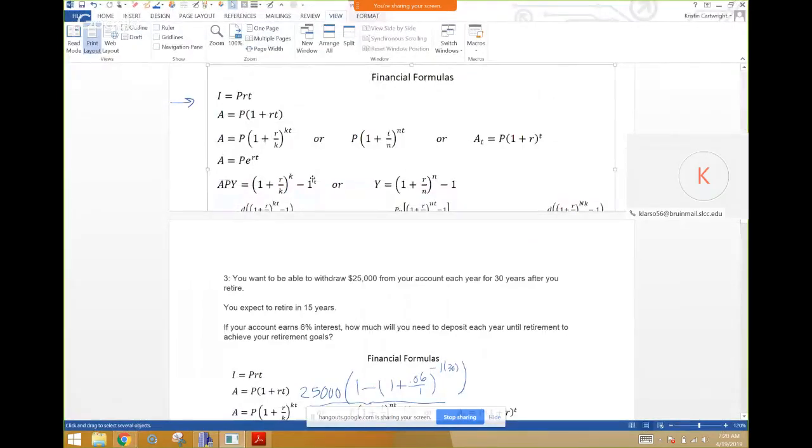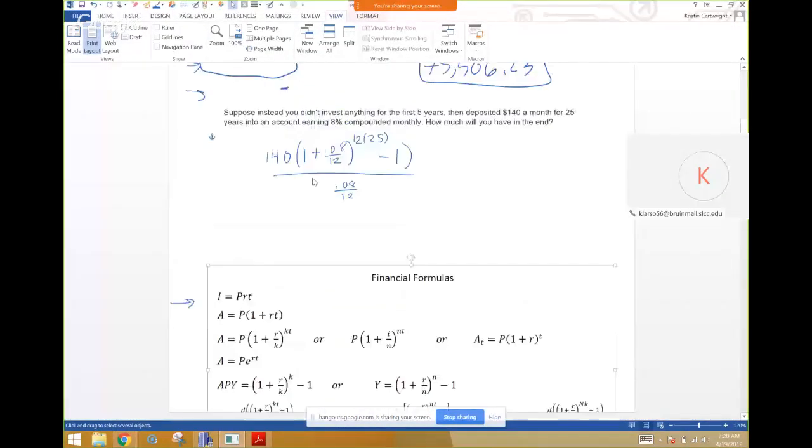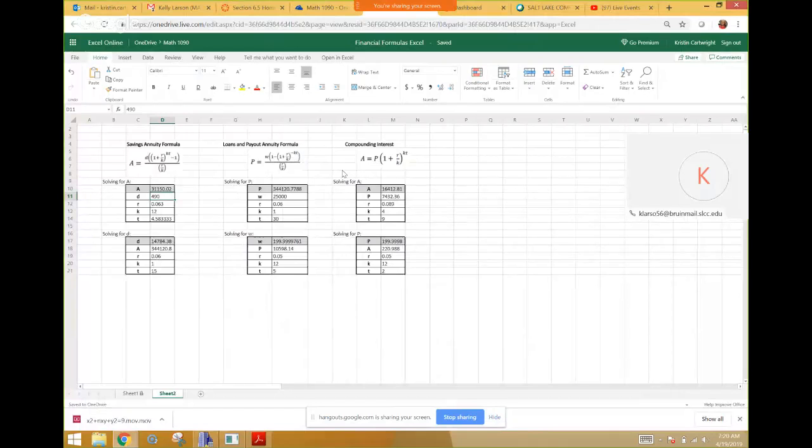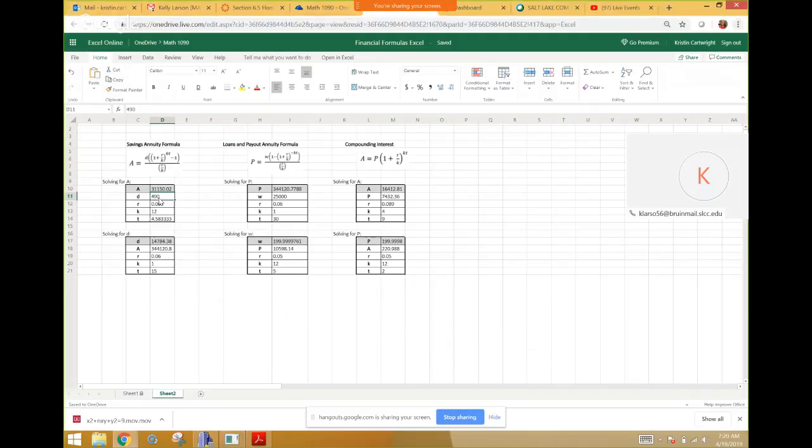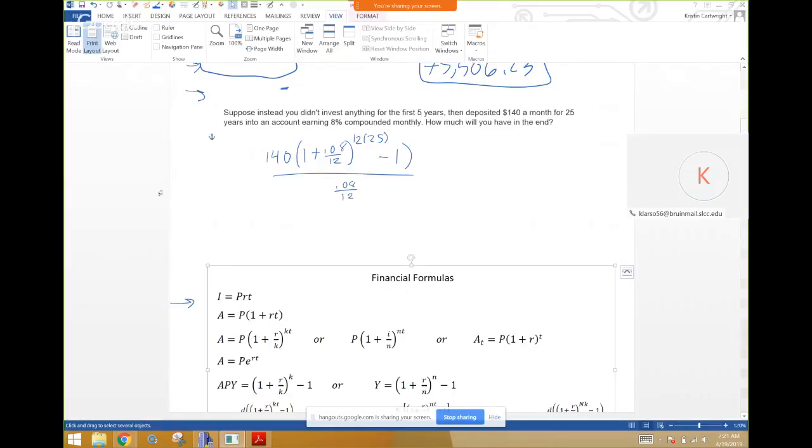We want the one with the positive. Our D would be 140. Our rate is 0.08 monthly, and it's for 25 years, right? So this just calculates that for me.